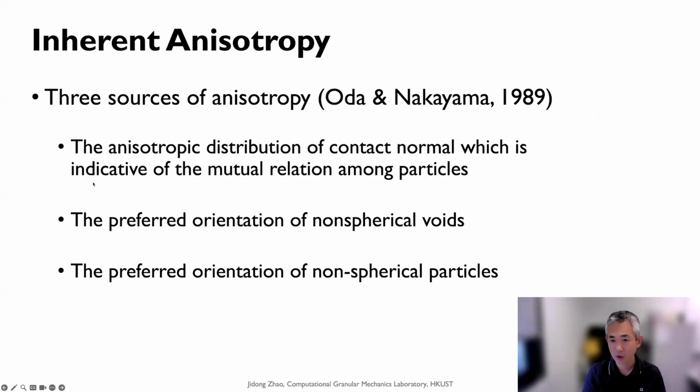This is indicative of the mutual relation among the particles. This is one source of anisotropy. The other is the preferred orientation of non-spherical voids, so voids also play a role in this anisotropy here. And also there will be preferred orientation of non-spherical particles here. Particle shape matters in this case.